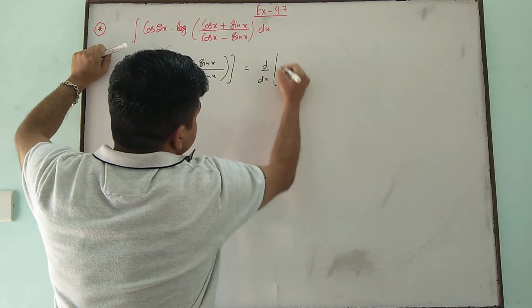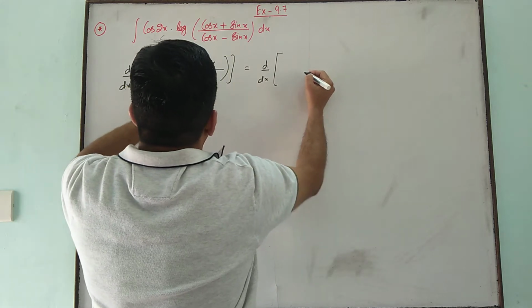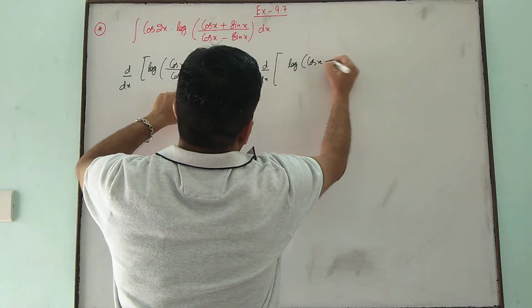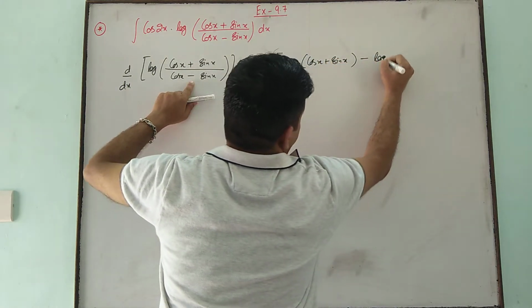dy/dx, that is log of m upon n, log m minus log n.